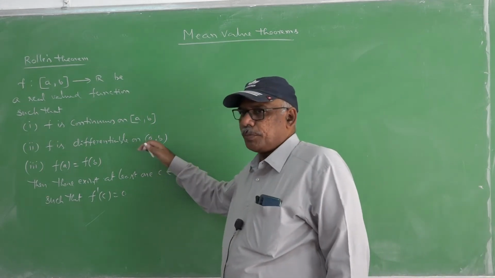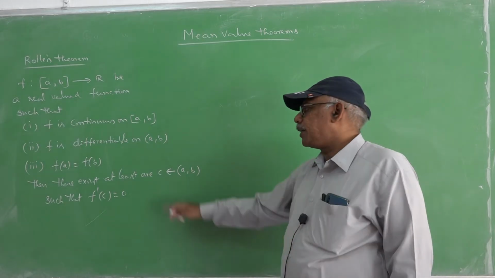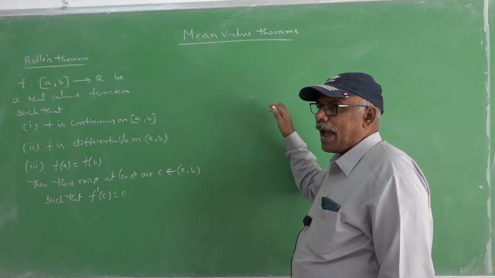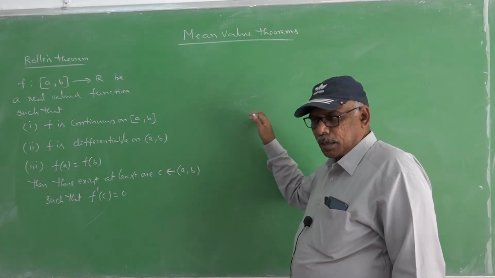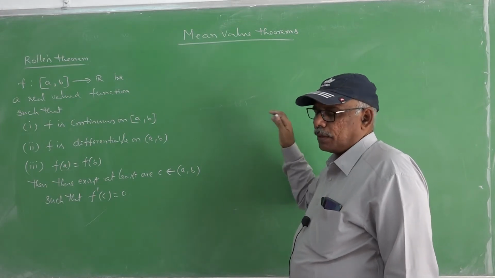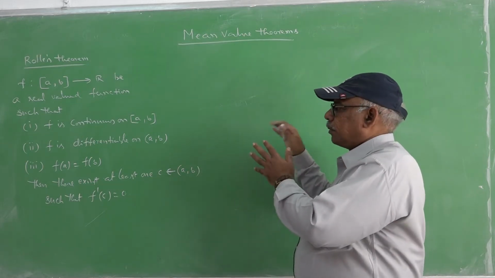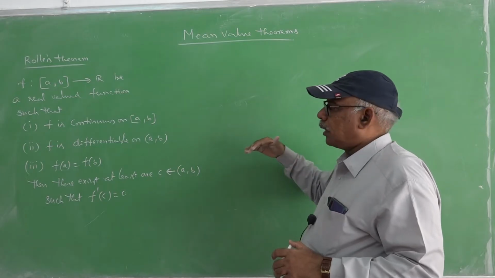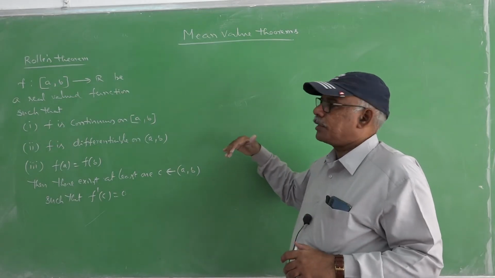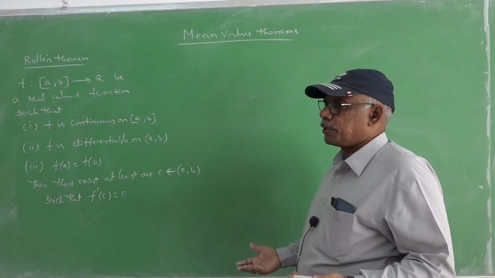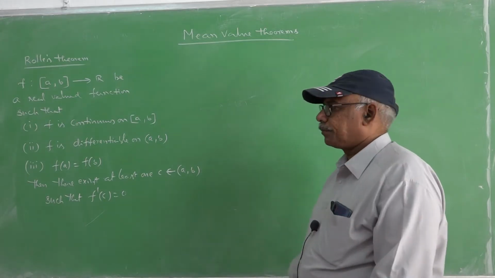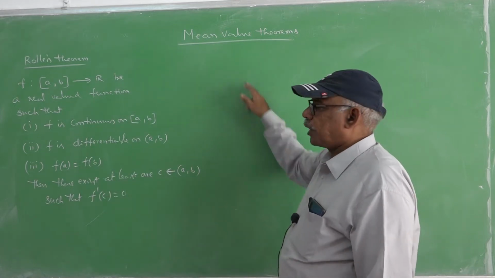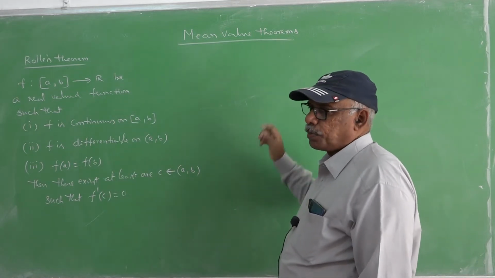And f is differentiable on a, b means at each and every point in between a and b, the graph has a derivative, that means the tangent exists at that point. Once it is differentiable, the tangent exists. Moreover, f of a equals f of b. The functional values are equal at those points.